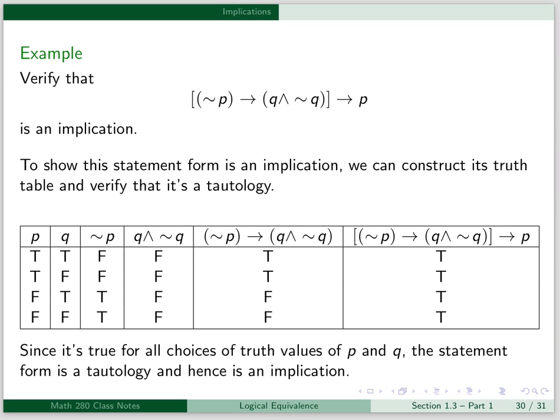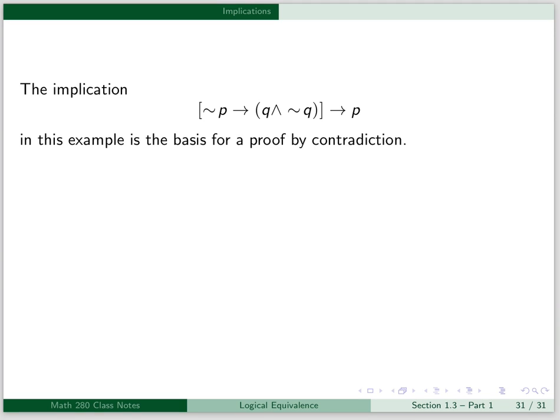And since this is true for all choices of truth values of P and Q, the statement form is a tautology and hence is an implication. This is referred to as the proof by contradiction implication in the theorem. So this implication is the basis for a proof by contradiction.